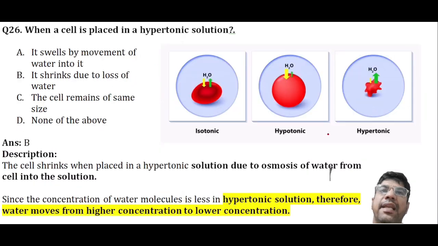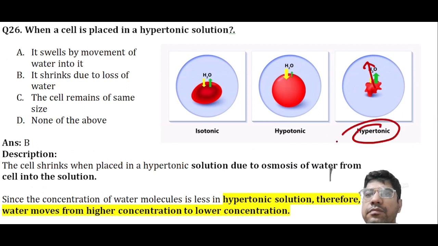So when a cell is placed in a hypertonic solution, it shrinks due to the loss of water. It occurs due to the osmosis of water from the cell into the solution.